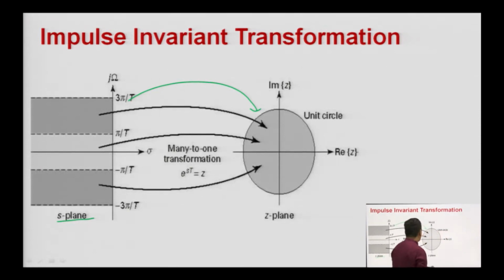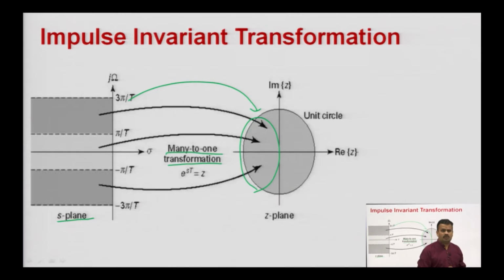Here you are doing the mapping from many to one. That is why it is also called many to one transformation. Many signals are transformed into one in the z plane. So, this is the basic fundamental of your impulse invariant transformation.